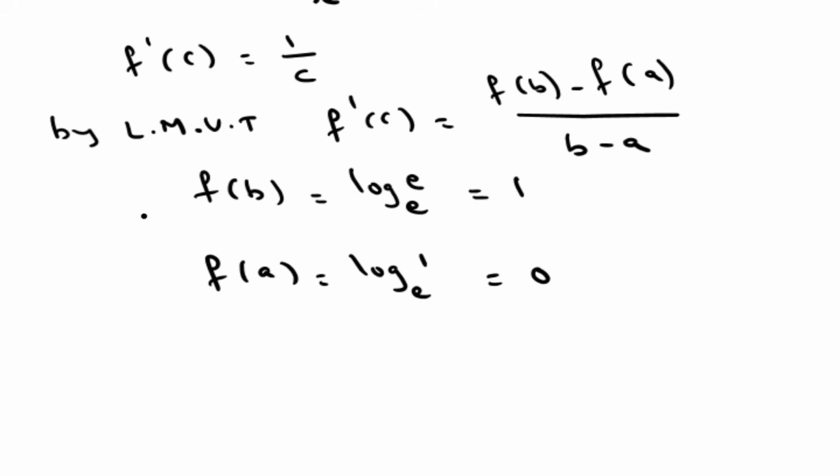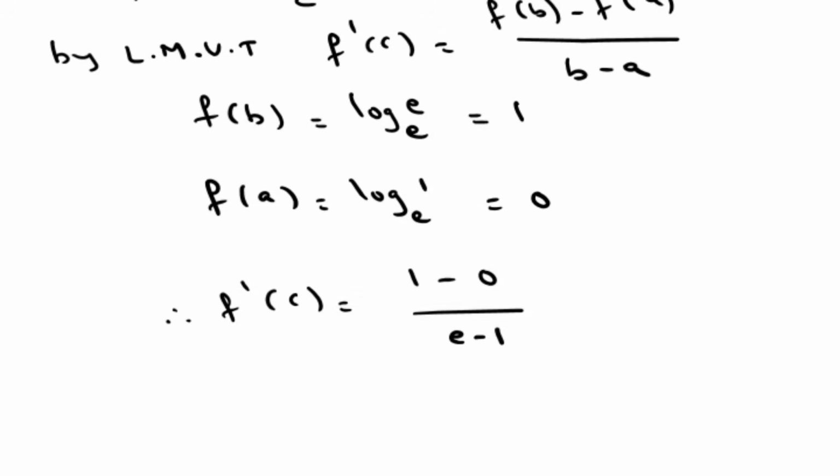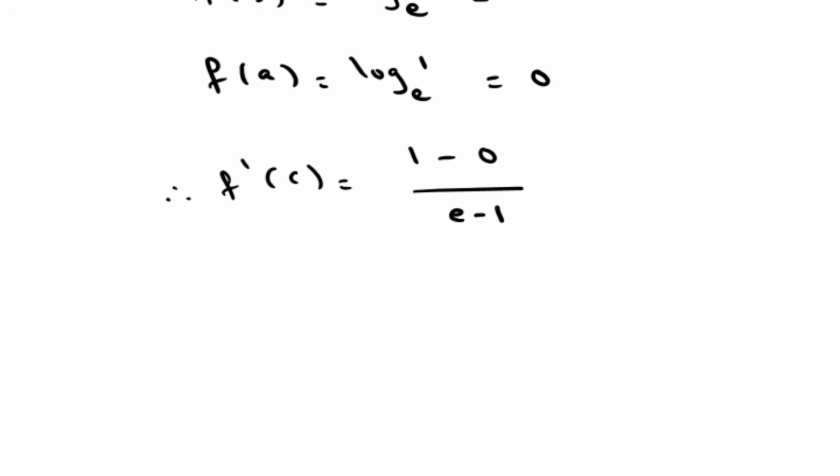Log 1 is equal to 0. Therefore f dash of c is equal to 1 minus 0 by e minus 1. Now from previous, f dash of c is equal to 1 by c. So 1 by c equals 1 by e minus 1.